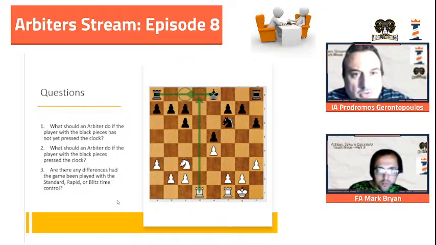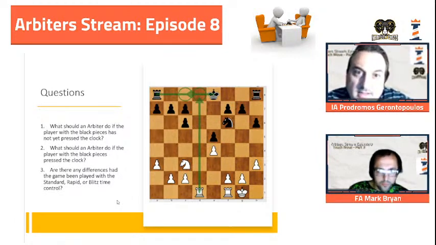In the first question: what should an arbiter do if the player with the black pieces has not yet pressed the clock? In this situation, if he had first touched his king, it's mandatory to play the black king to a legal square, not to play another piece, for instance the knight or the rook from h8.